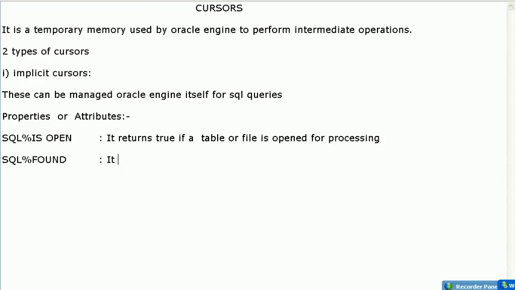Out of the 4 properties, 3 properties return a boolean value, either true or false.